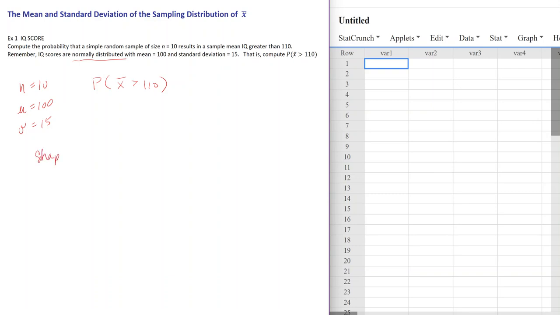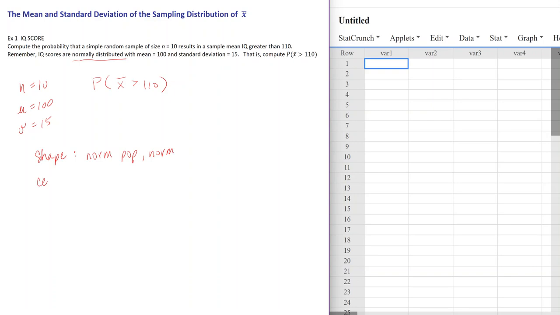The shape that I'm referring to is the shape of our sampling distribution, and because this comes from a normal population, we're okay to go. So that means that the sampling distribution would also be normal.